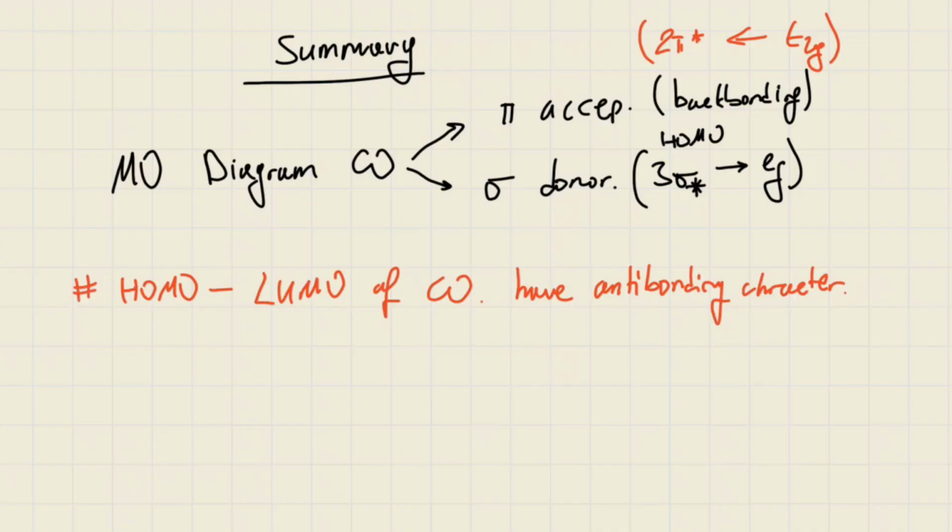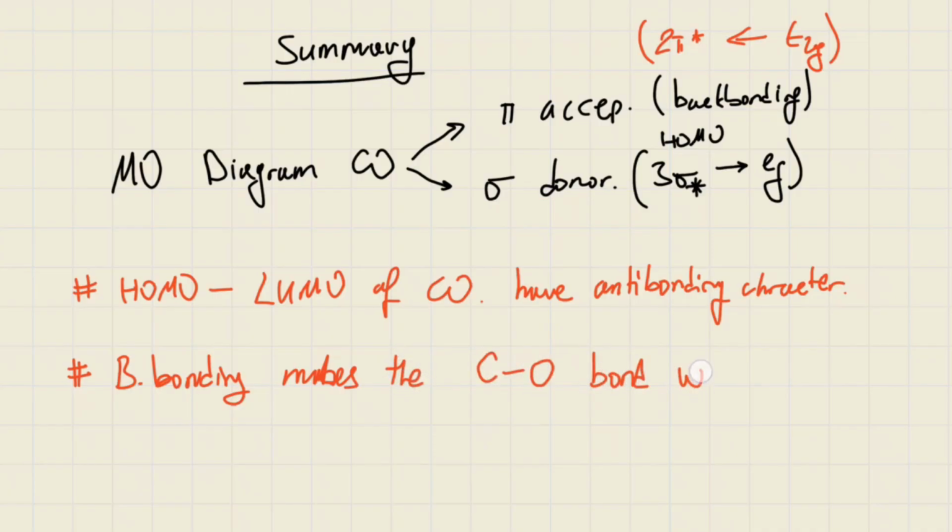This is the other important problem. And in the last example, you saw that backbonding makes the carbon metal bond stronger, but makes the CO bond weaker. So backbonding makes the carbon oxygen bond weaker.